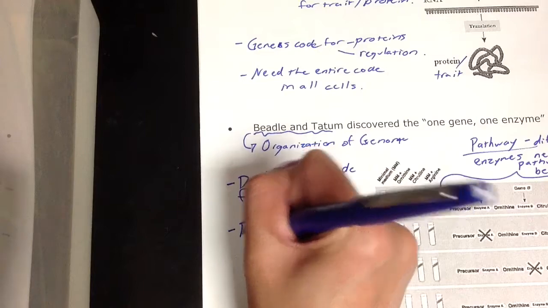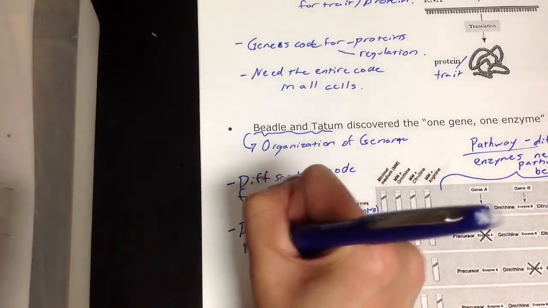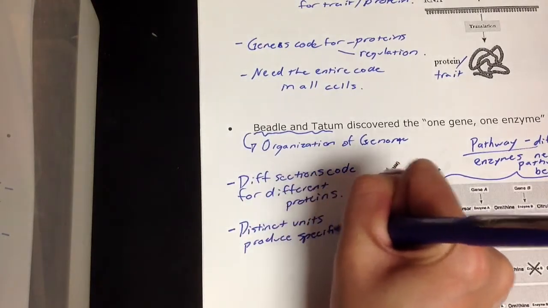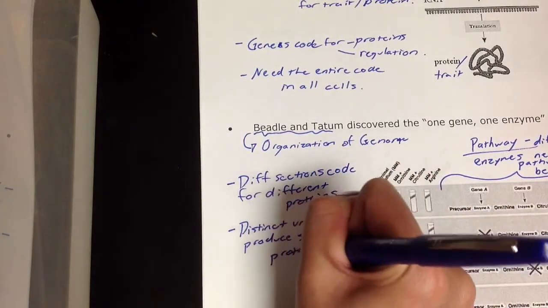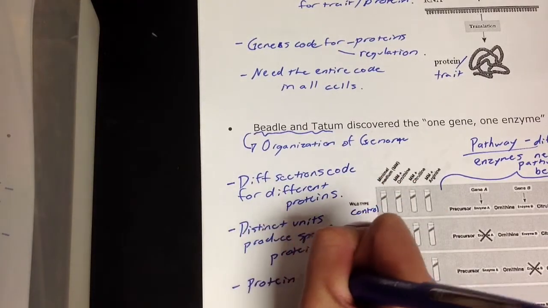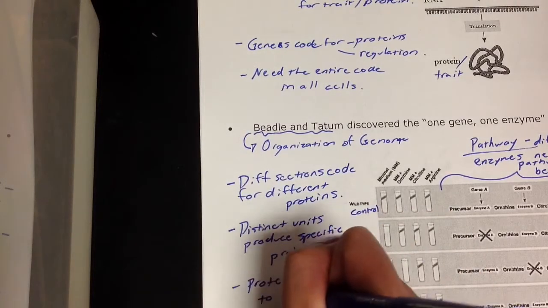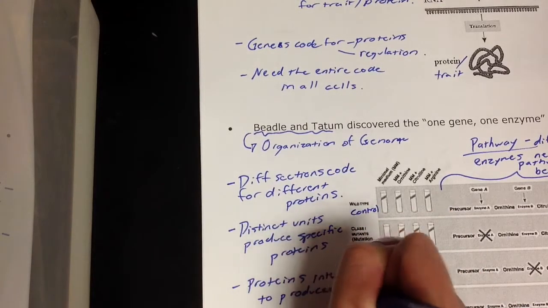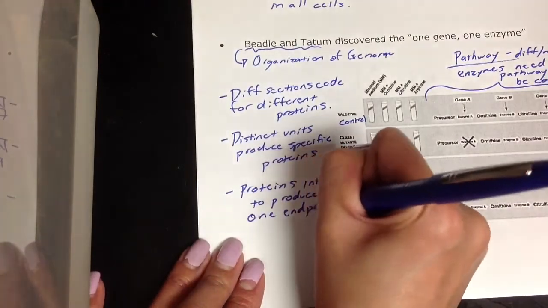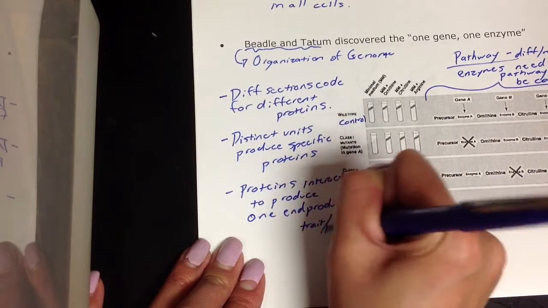That we had this idea of distinct units produce specific proteins, and that proteins can interact to produce one end product, which could be your trait or protein.